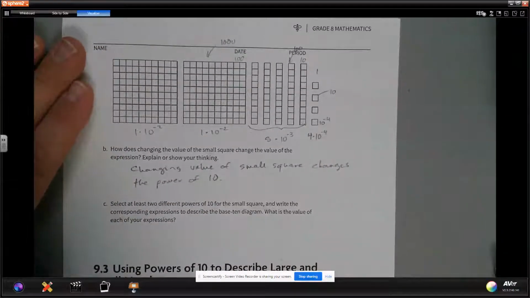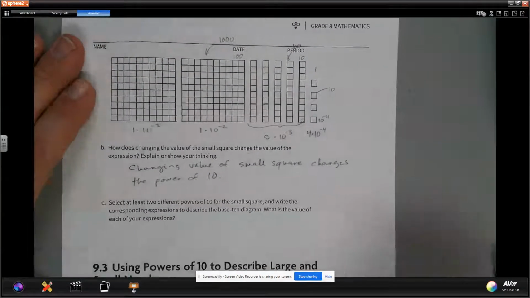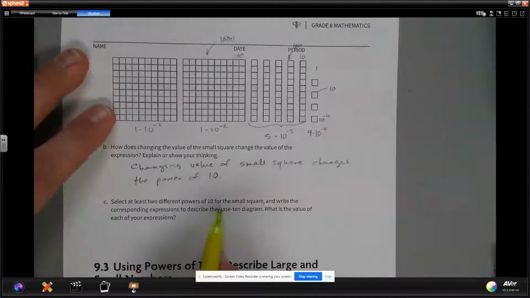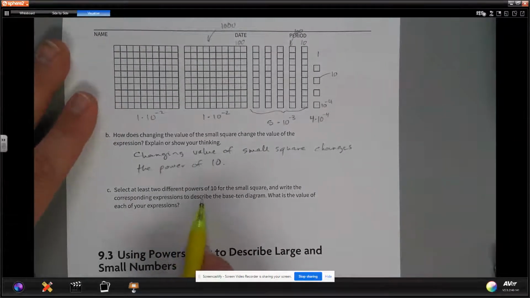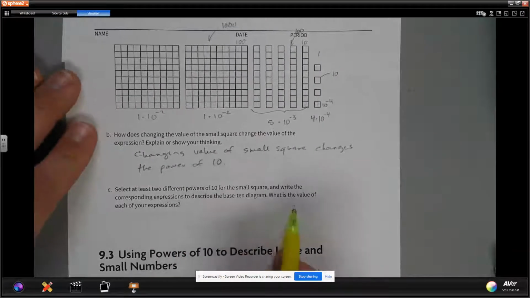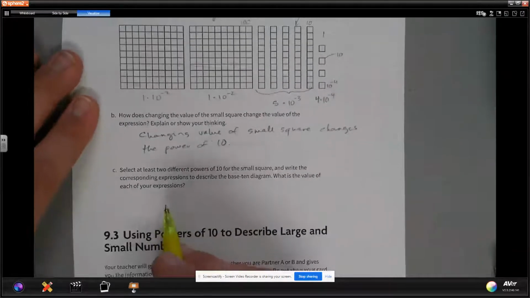For letter C, we're asked to select at least 2 different powers of 10 for the small squares and write the corresponding expressions to describe the base 10 diagram. What is the value of each of your expressions?